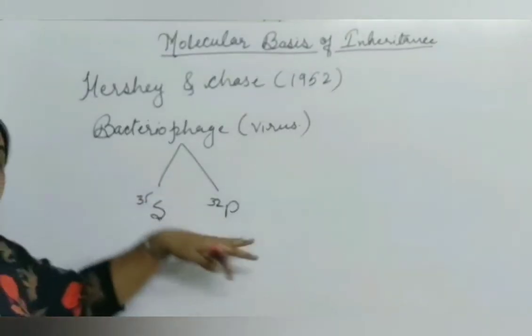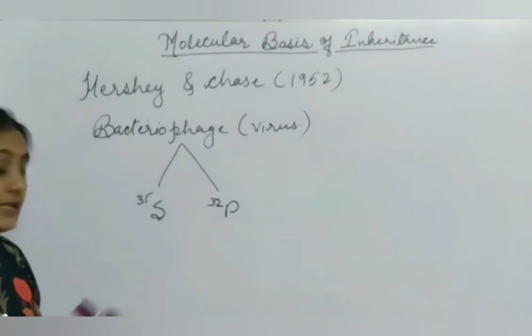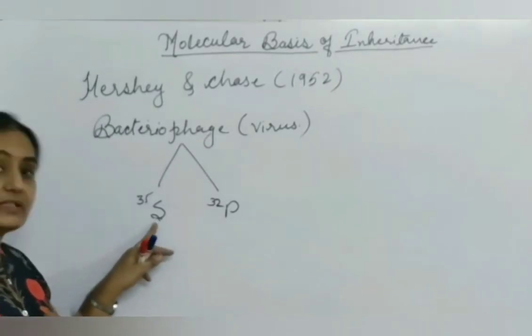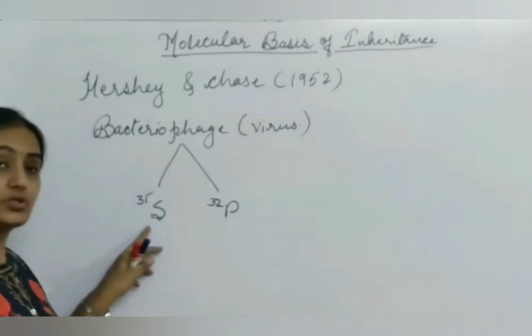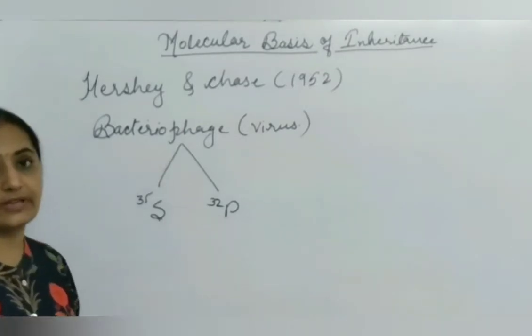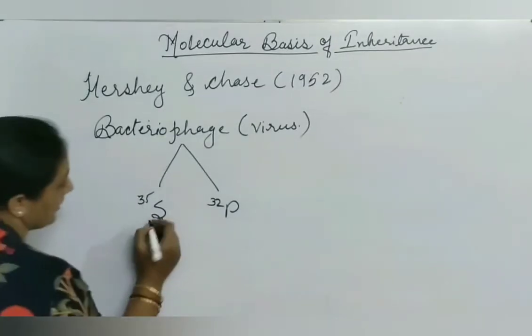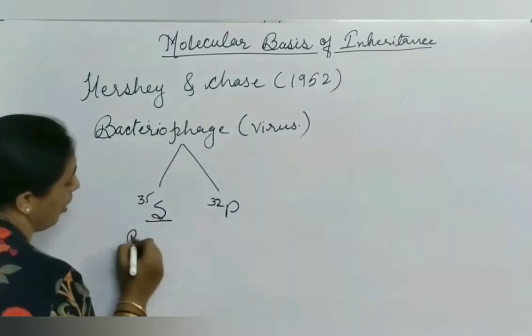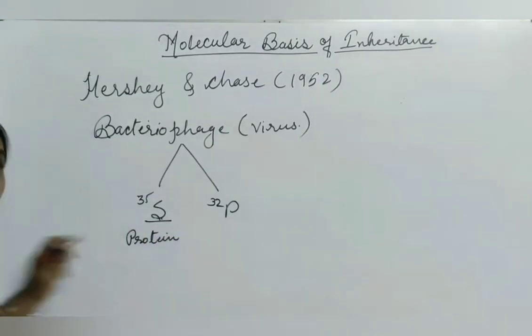Now, as they cultured these viruses in different media, those viruses carry the isotopes. Once they replicate or divide, they show the isotopes of sulfur and phosphorus in them. Here, sulfur is the component of protein.